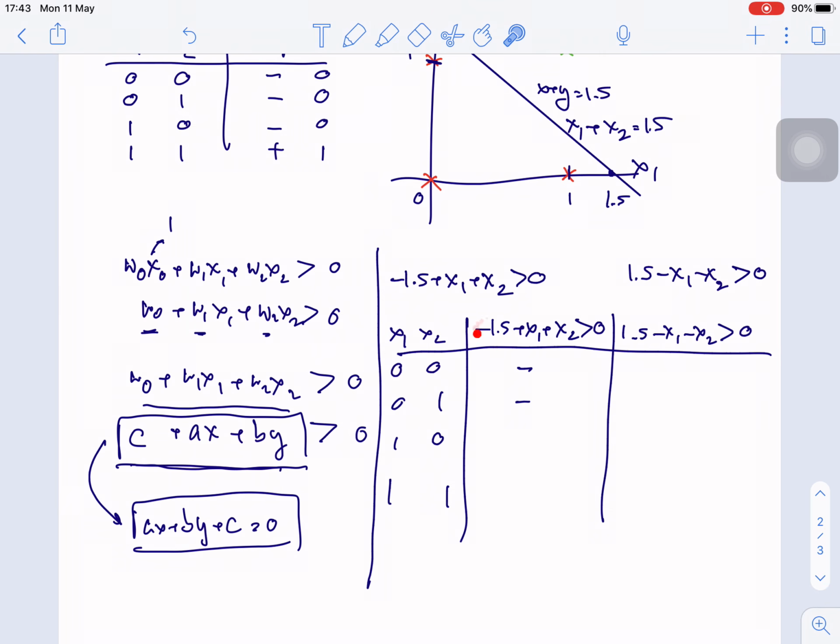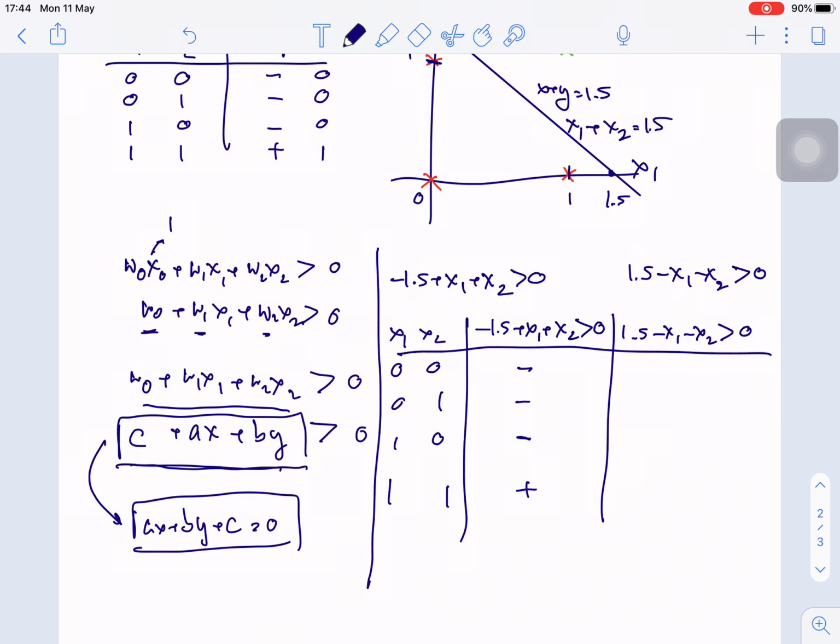So it will be minus 0.5 greater than 0. That is negative. The last one, if x1 is 1 and x2 is 1, the left side will be minus 1.5 plus 1 and plus 1. So the summation of all three terms is 0.5 greater than 0. That is positive. Correct. Right?